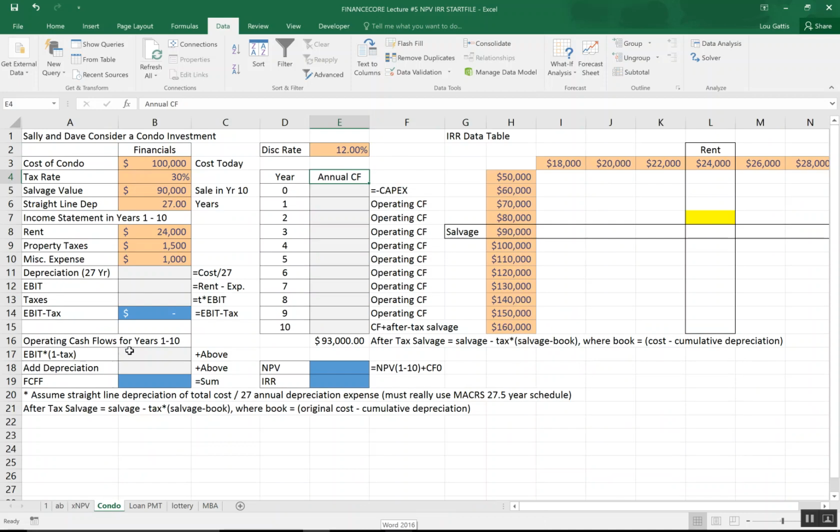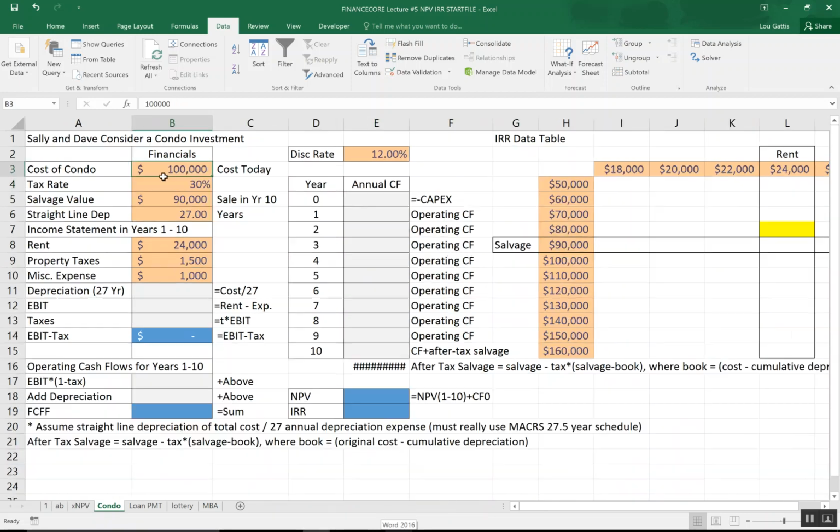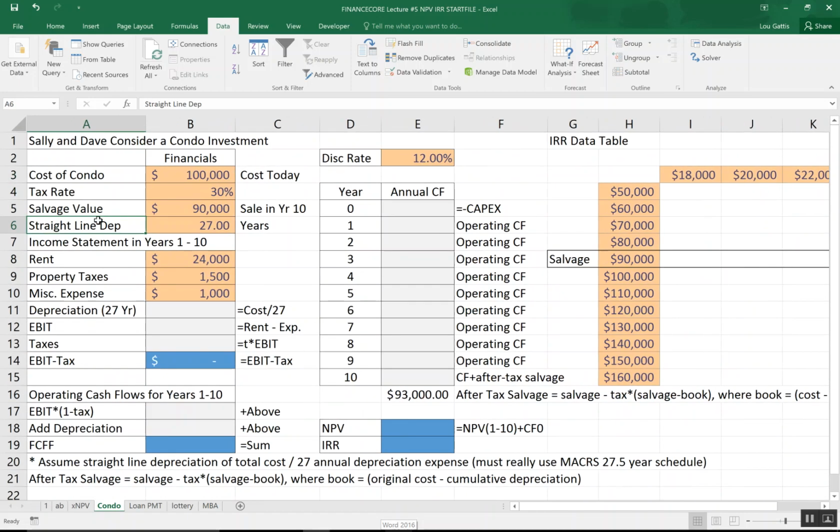So let's go to the condo tab. Here are my inputs, my value drivers, and we're going to make a few calculations. First of all, it's a $100,000 condo. It's going to be depreciated over 27 years, so there's going to be annual depreciation of $3,704. Our EBIT, earnings before interest and tax, is going to be our rent, minus our miscellaneous expense, minus our depreciation.